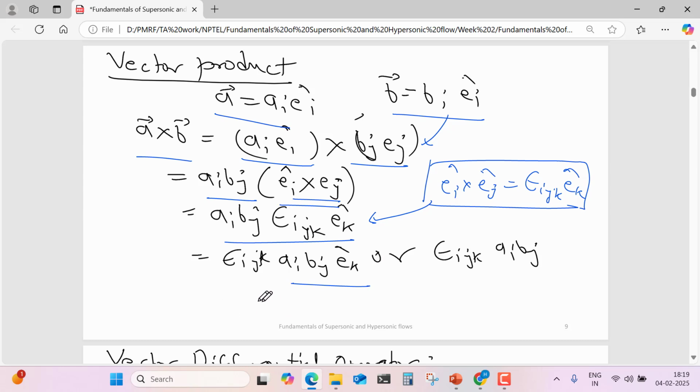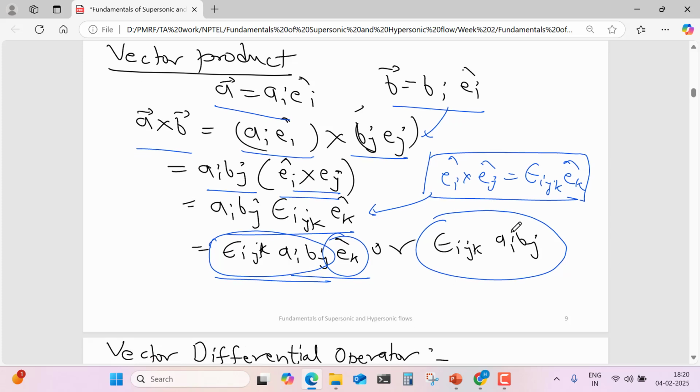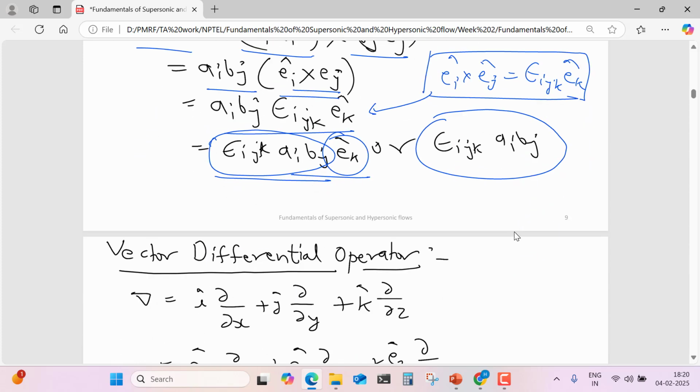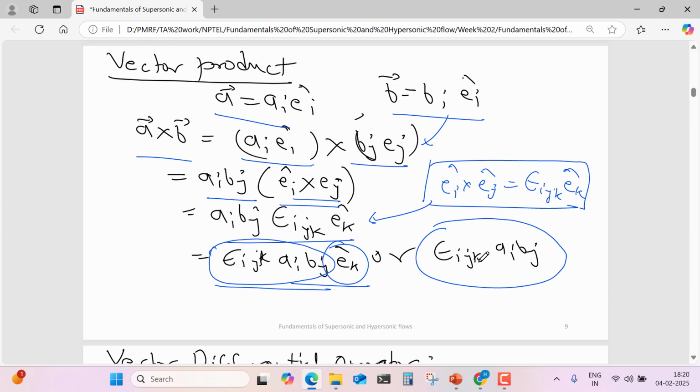We can either write a vector quantity like this, its scalar value and its direction, or directly like this quantity. Here you can see that i is being repeated, j is being repeated, but k is not being repeated.